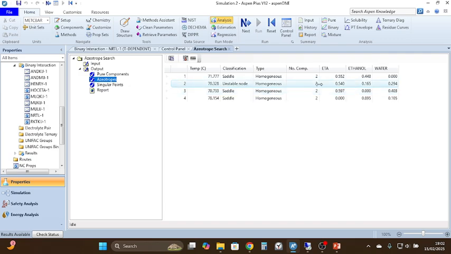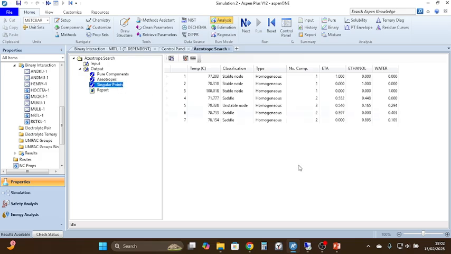So we cannot reach a particular equilibrium at an unstable node. If we are starting from an unstable node, then we are always going to move towards saddle points. That is the only thing that you need to remember in this case.